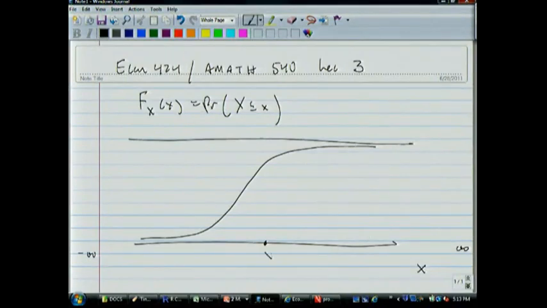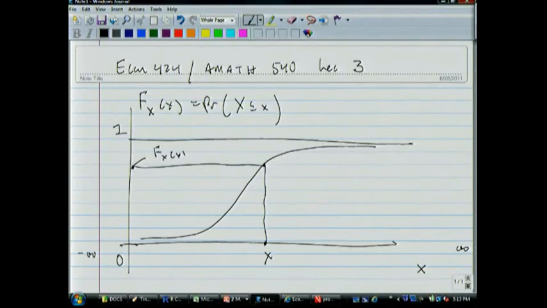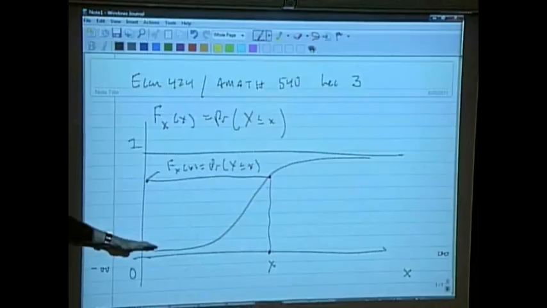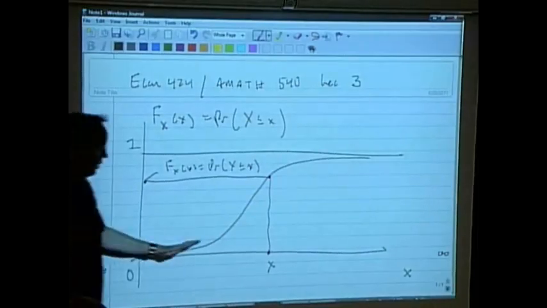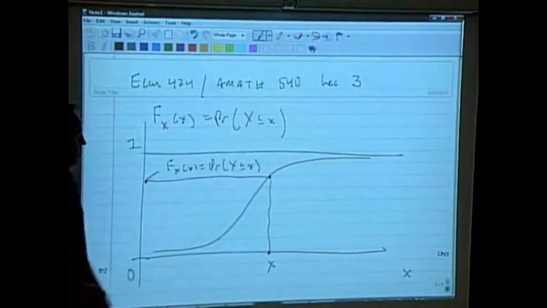And if we have some value x, then the CDF is this height. If we put a scale on this, this is 0. This is 1. Then this is F_X of little x. That's the probability that big X is less than or equal to little x. So when we have a continuous distribution, the area under the probability curve, we can write the cumulative distribution function. It looks like this S-shaped function.